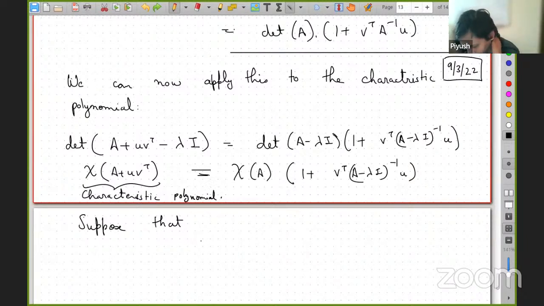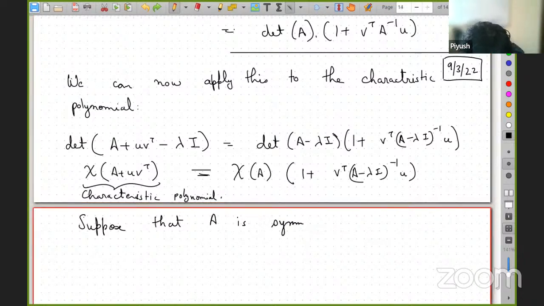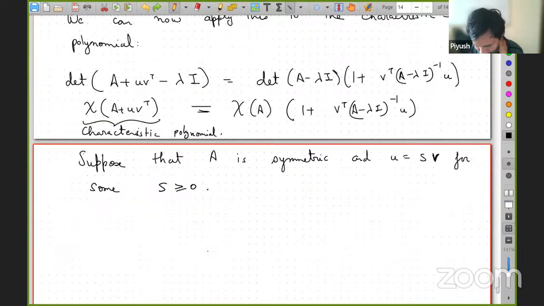Now suppose that A is symmetric and U and V are parallel, so U is S times V for some S. Now let's try to simplify in that setup and see what we get.